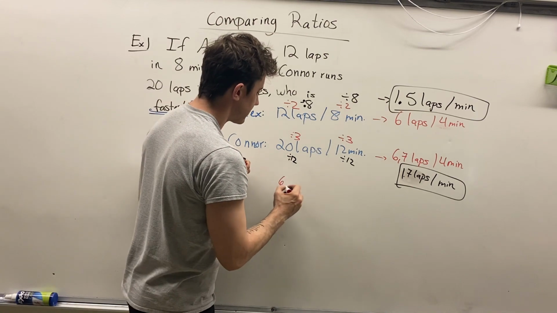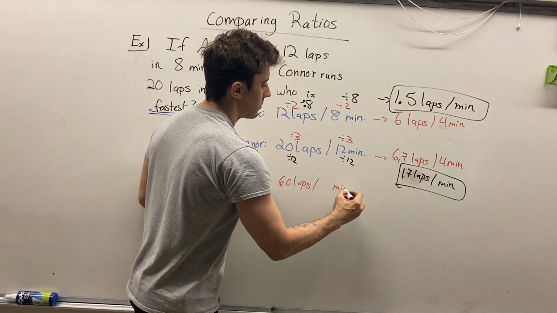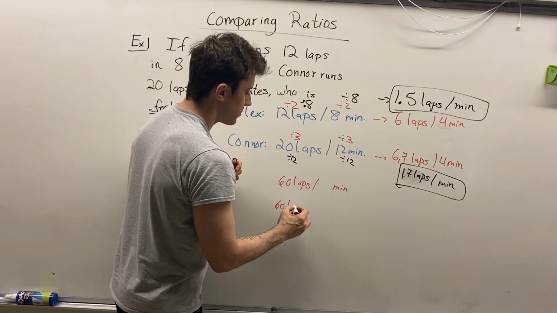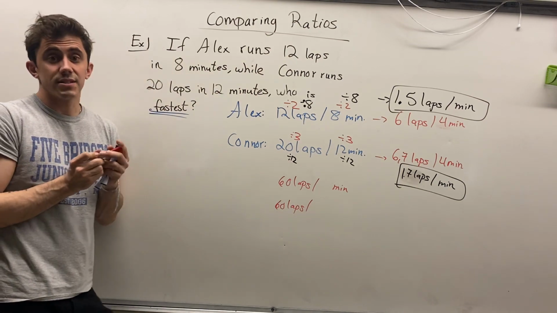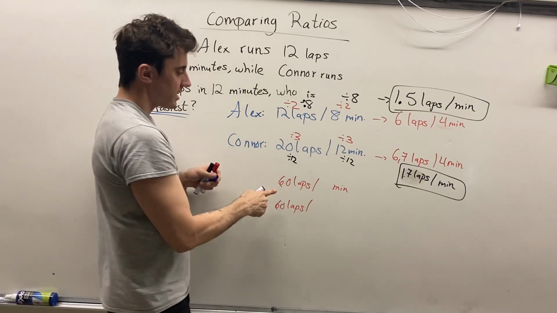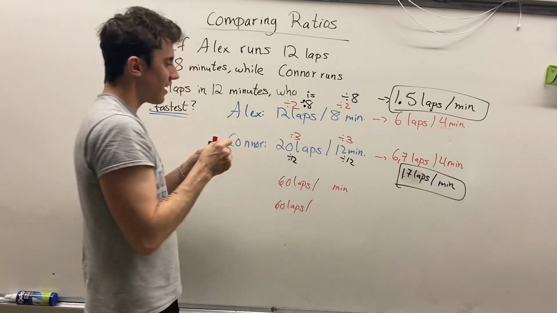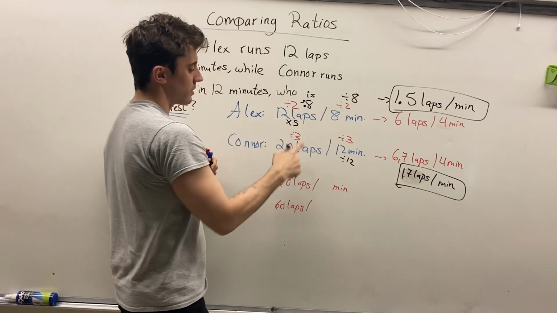So if we can get 60 laps and 60 laps, then we can figure out who is the fastest based on who takes the least amount of time to run those 60 laps, right? Now to get down to 60 laps, we'll have to multiply Alex's 12 laps by 5, right? 12 times 5 would give us 60 laps.